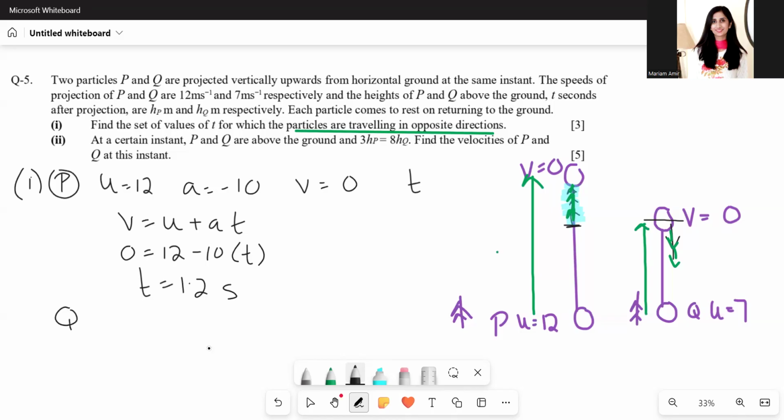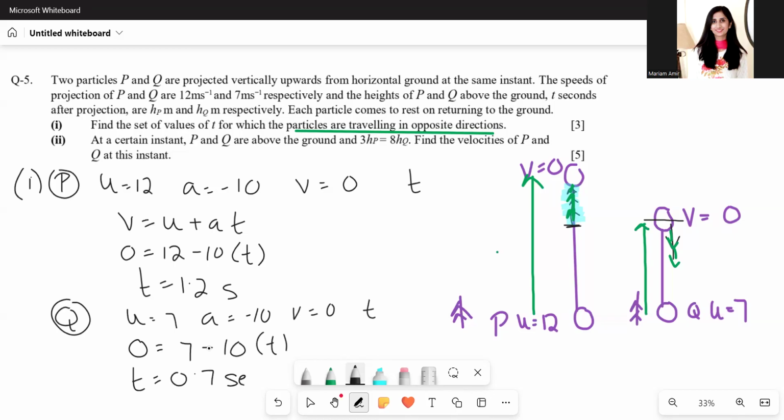And for Q, similarly, u is 7, a is minus 10, v is 0, and we need t. So v = u + at, and t is coming out to be 0.7 seconds.